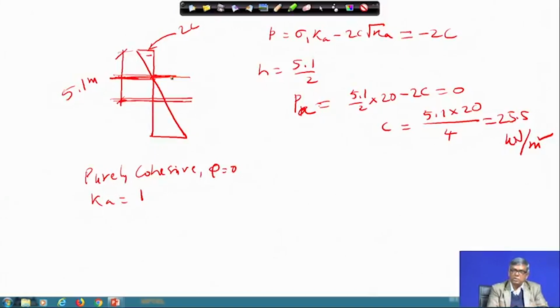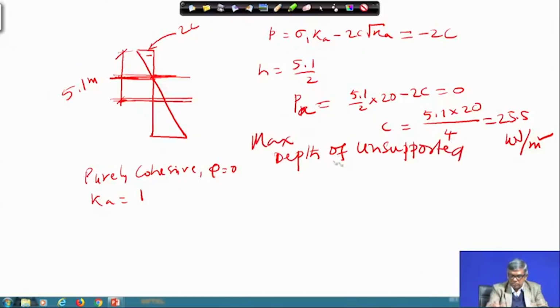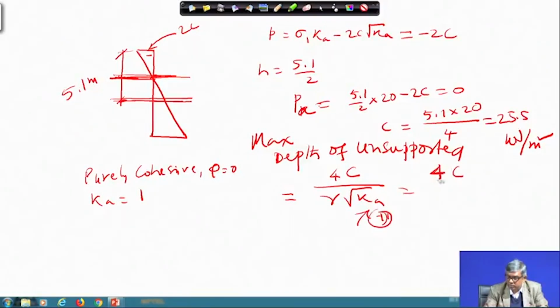Otherwise, there is also a direct formula for the maximum depth of unsupported cut, which is equal to 4C by gamma root K_A. K_A is here 1, so it will be 4C by gamma.